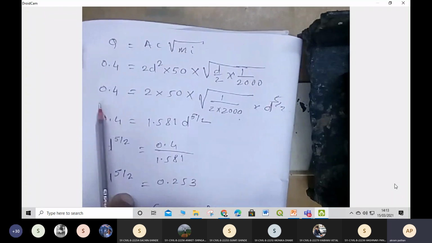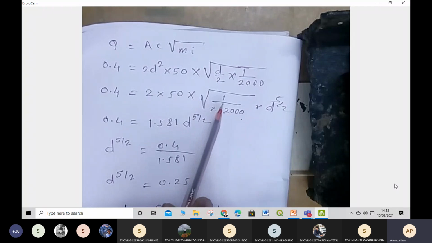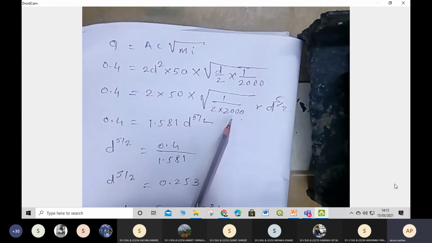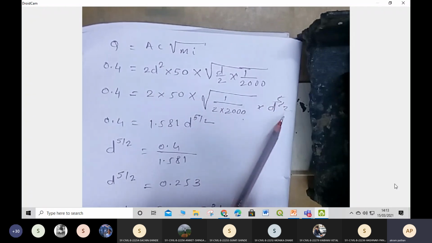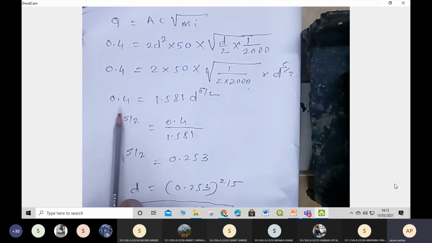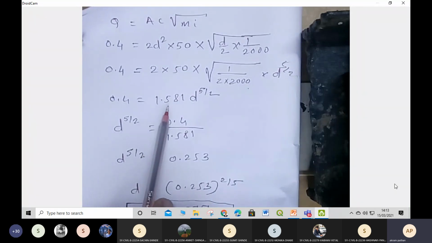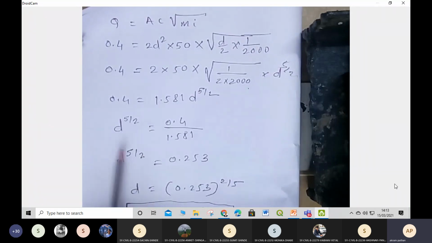Simplifying this, we get 0.4 which is equal to 2 into 50 into root of 1 by 2 into 2000 into D raised to 5 by 2. Further simplified, the whole expression gives 1.581 D raised to 5 by 2.